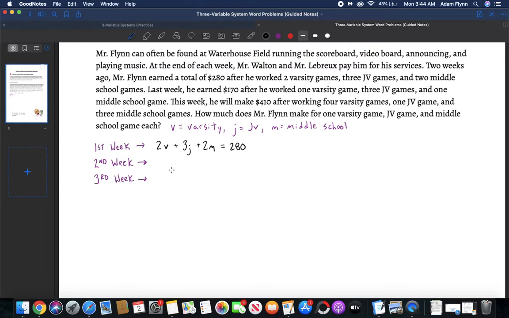My second equation: I earned $170 after I worked 1 varsity game, so I could put 1V or just V, 3 JV games, and 1 middle school game.